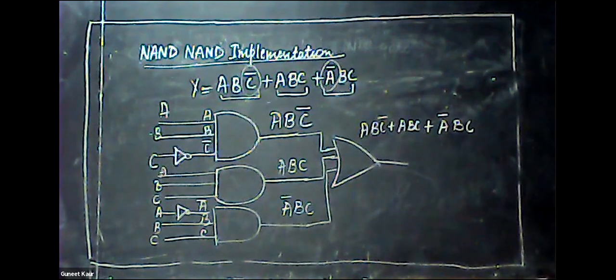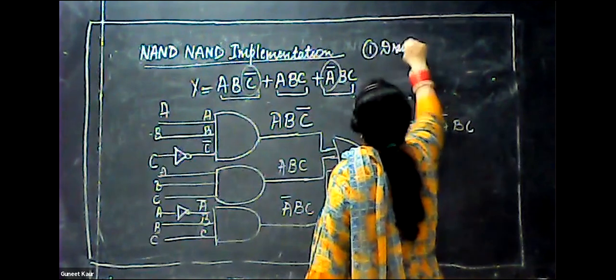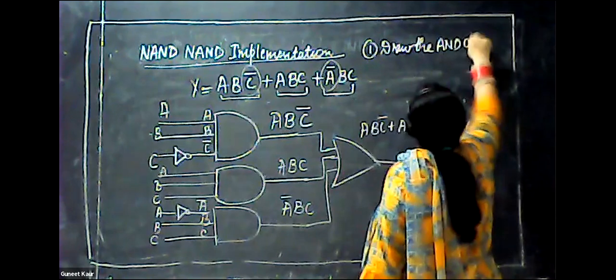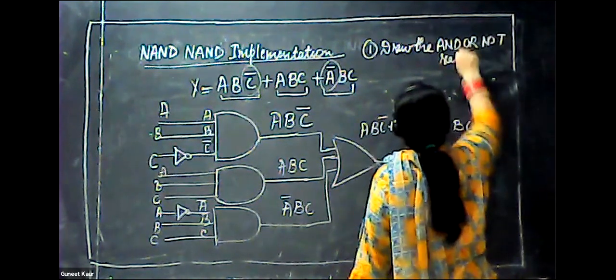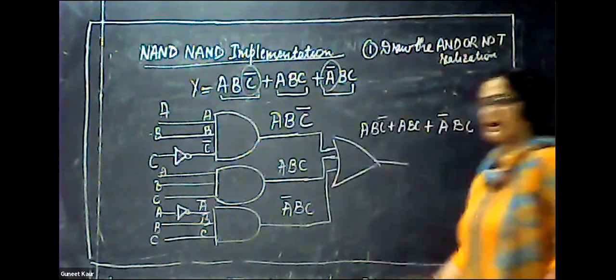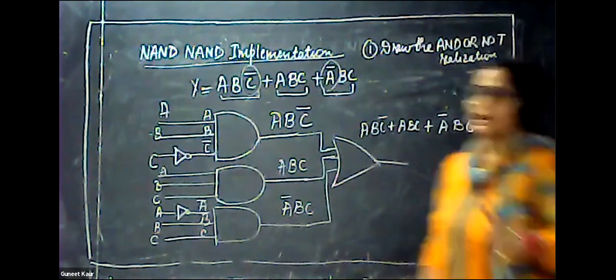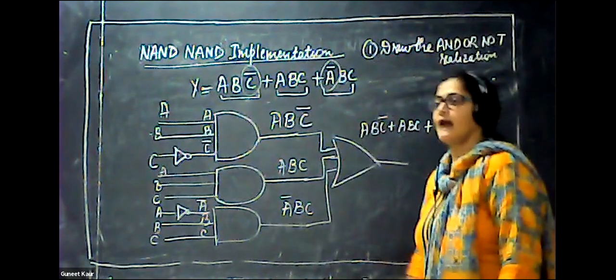The first step was to draw the AND-OR-NOT realization. It means that we have to draw our circuit using only the three basic gates: AND, OR, and inverter, or you can say AND, OR, and NOT gate.